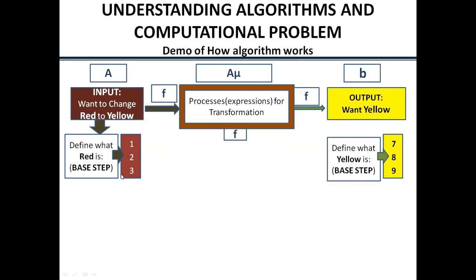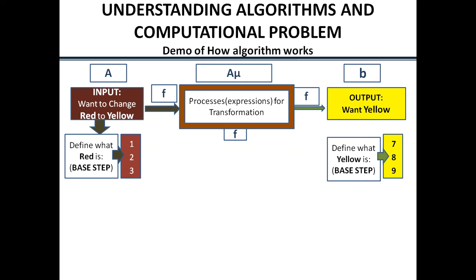So the first step of the recursion, the base case, is to define what yellow is and what red is. And we have defined it. Remember, this is just our conventional way of defining. It's not the actual code for this color; I just chose any number to say 123 means red and 789 means yellow. It's just the encoding system that I took randomly to work with.